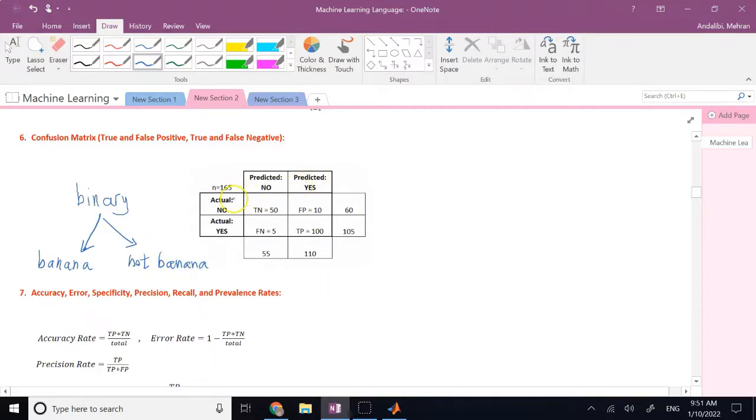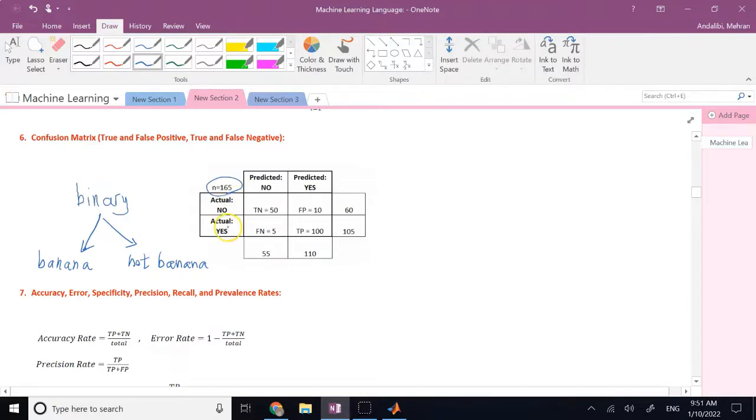So here, I formed this matrix. I formed this 2 by 2 matrix where I pass to it a bunch of pictures. How many? Let's say for this figure here, 165 pictures I pass to it.